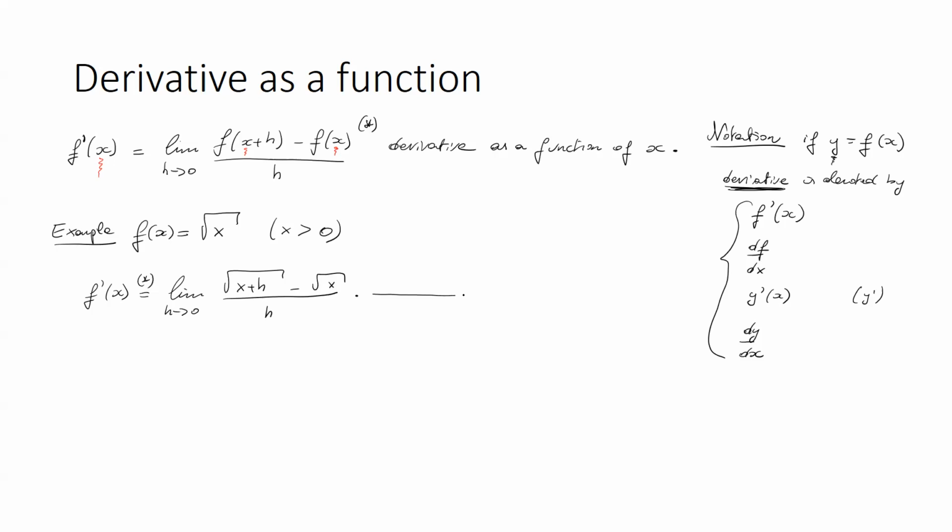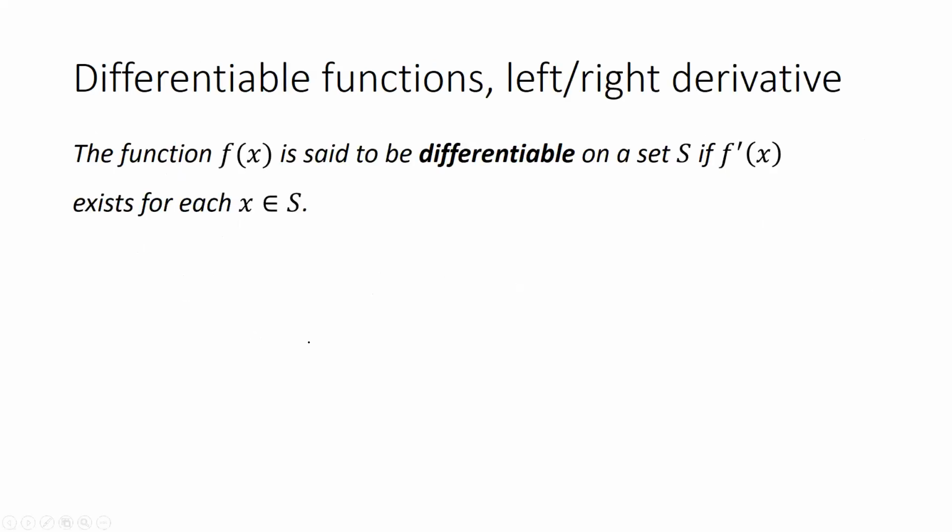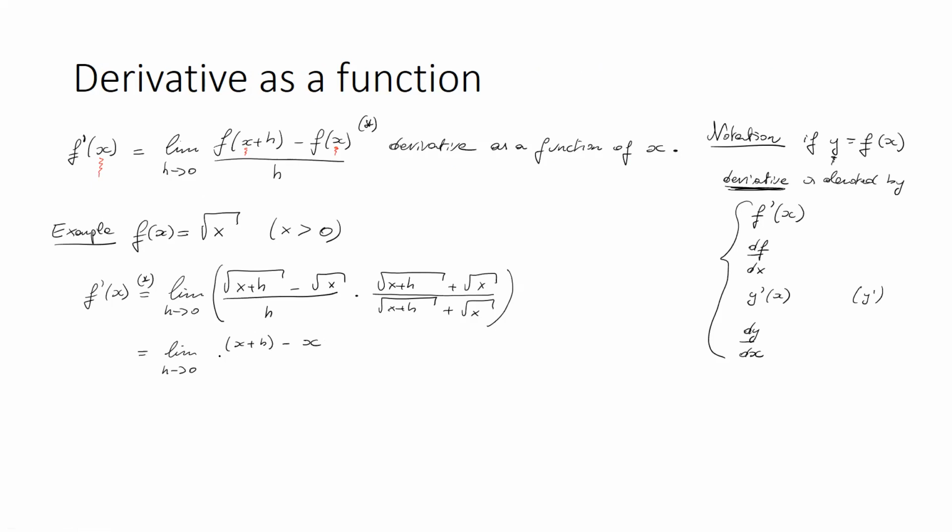So what we'll do is we'll multiply by the conjugate. It's always a good idea to multiply by the conjugate if you have a limit that involves square roots, because otherwise it's very difficult to deal with the square roots. And now we'll work that out. So we get x plus h minus x for the numerator and h times the square root of x plus h plus the square root of x for the denominator.